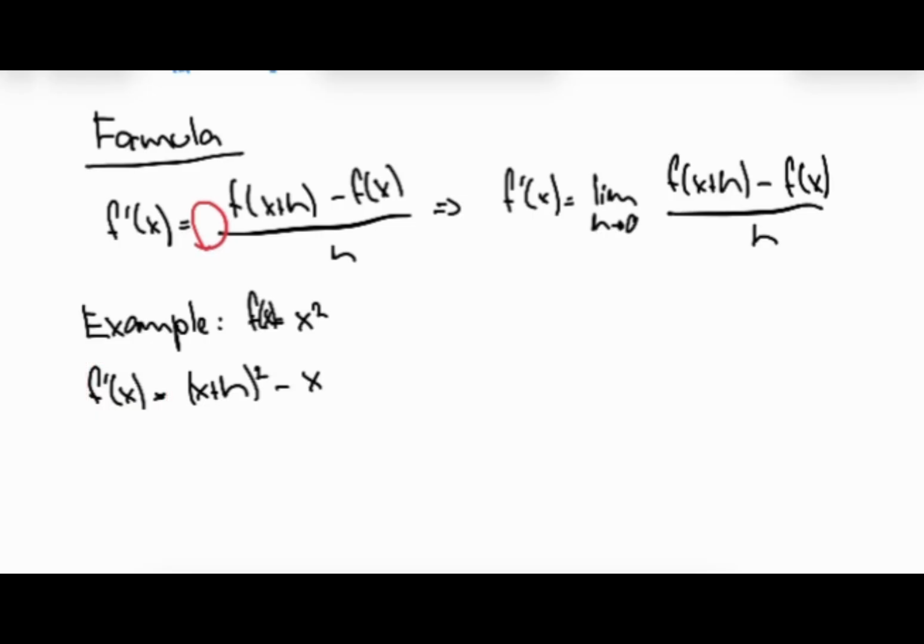Here again, very important, that's why I marked it again in red: it's important that you write the limit of h going to 0 in front of every expression. Then we can already calculate.